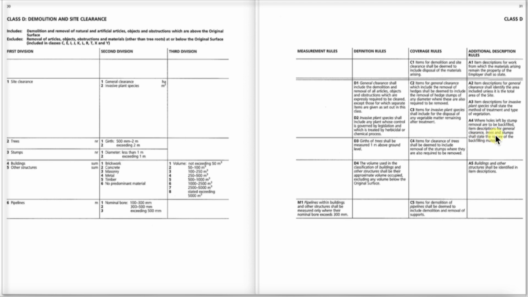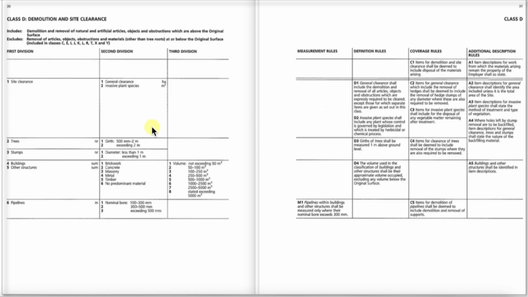There's no horizontal line. So A2, A3 and A4 do actually apply for site clearance all the way down to number 3, tree stumps. And that's how CESMM works. I think it's quite easy to follow. It's been around a long time as CESMM, so it's been well used and it hasn't had much criticism and it hasn't changed all that much over the years, so that is good news.